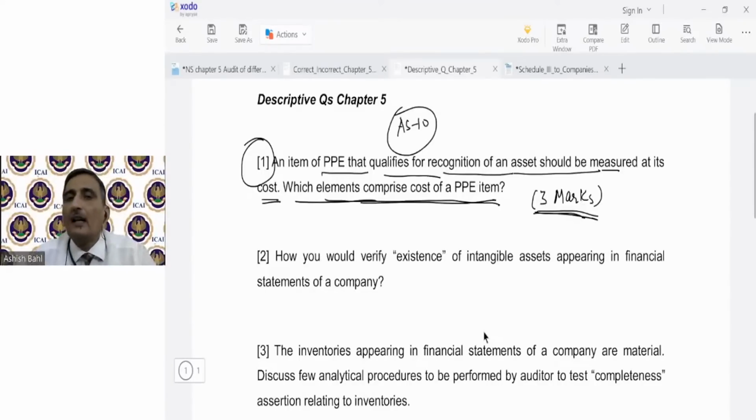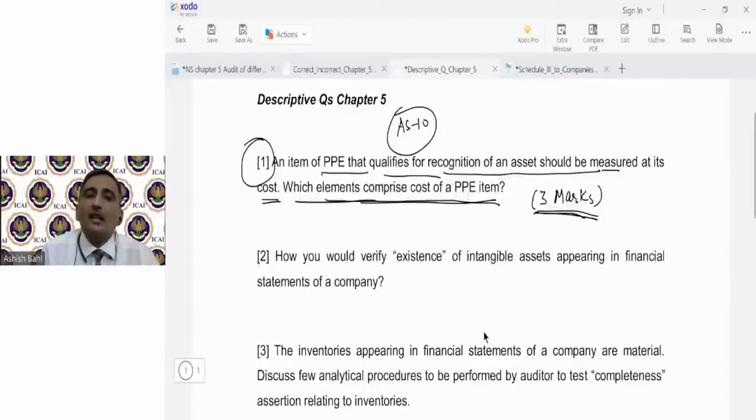So you have to write that any item which is a property, plant and equipment item that qualifies for recognition should be measured at its cost. The following are elements of cost. The three elements which are written in your module, like purchase price, cost of purchase, and duties included in it. So all these three elements you can write here.